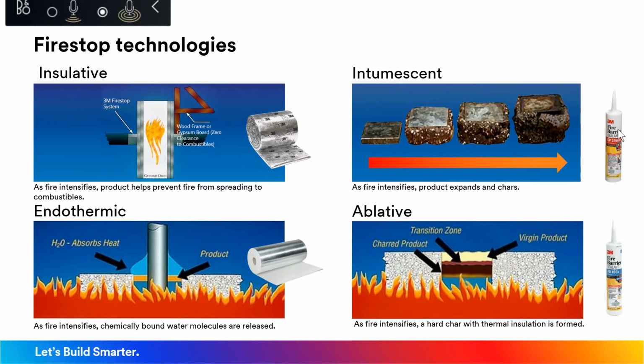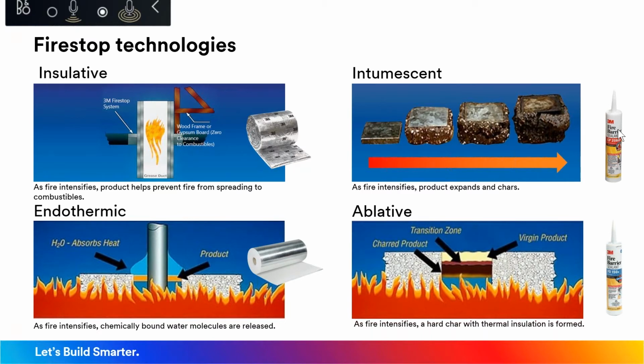Ablative: a lot of our solutions out there don't need to be intumescent. We don't necessarily need a product that's going to expand and shut down that opening, but we need a product that's going to have great adhesion to the substrates, to the items, to the penetrants possibly, and that's going to be able to absorb heat and just provide a barrier.